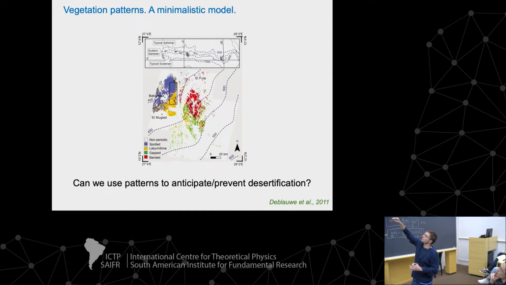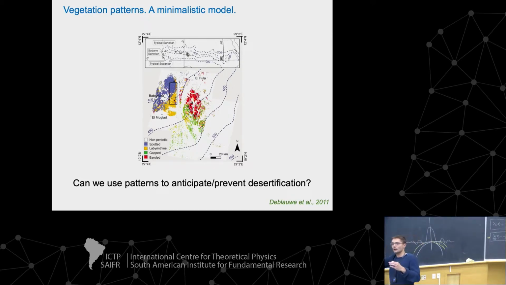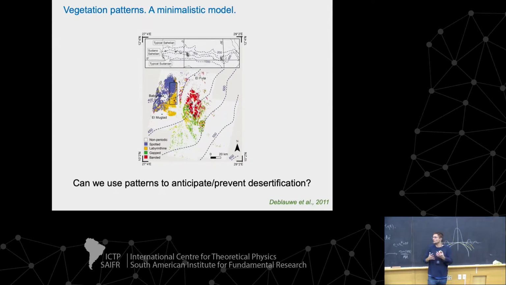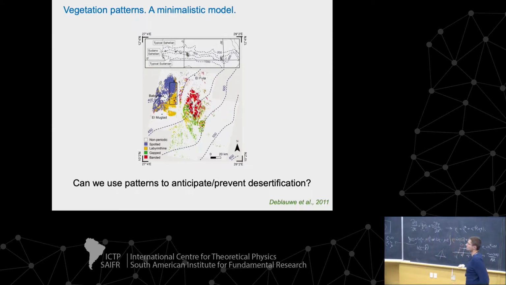As the ecosystem becomes more arid, then we transition to red. And then at the end, we transition to yellow and finally to blue. So there is some correlation between how these patterns look and the amount of water that the system has, the amount of precipitation.